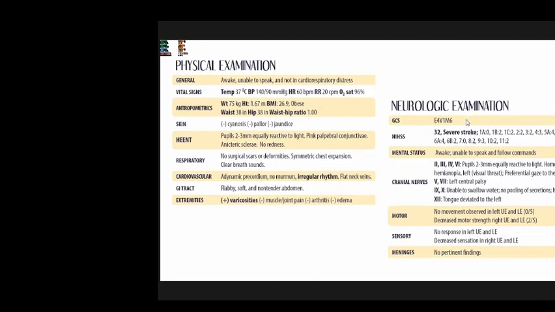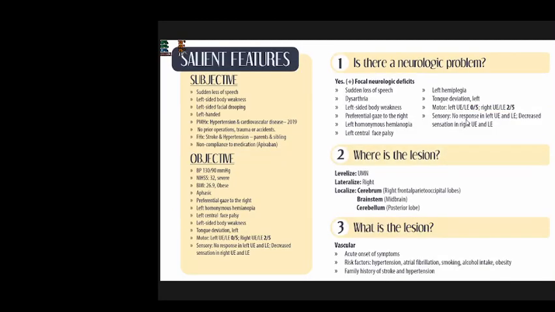So maybe a repeat CT scan on the third or fourth day, or he may require what we call emergency decompression surgery, which is a hemicraniectomy, which means that you remove part of the frontal, temporal, and parietal bones to give space for the swollen brain. You know? It's a life-saving procedure. That's what we do as neurosurgeons.